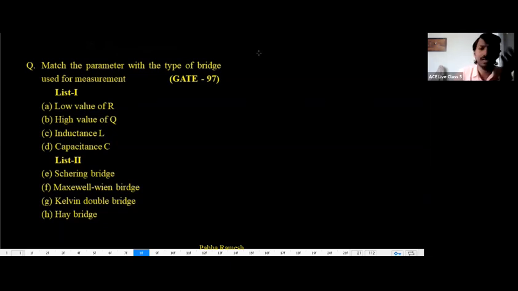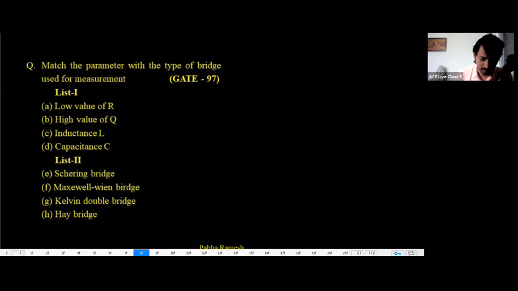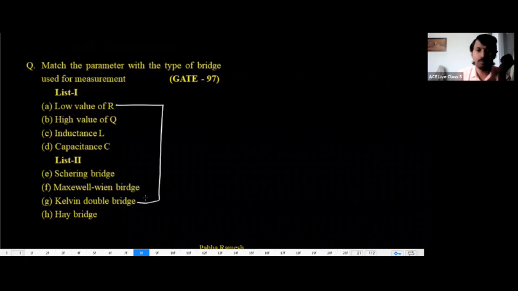Very simple, conceptual question. Chance is there. Here, low value of R: Kelvin double bridge method.